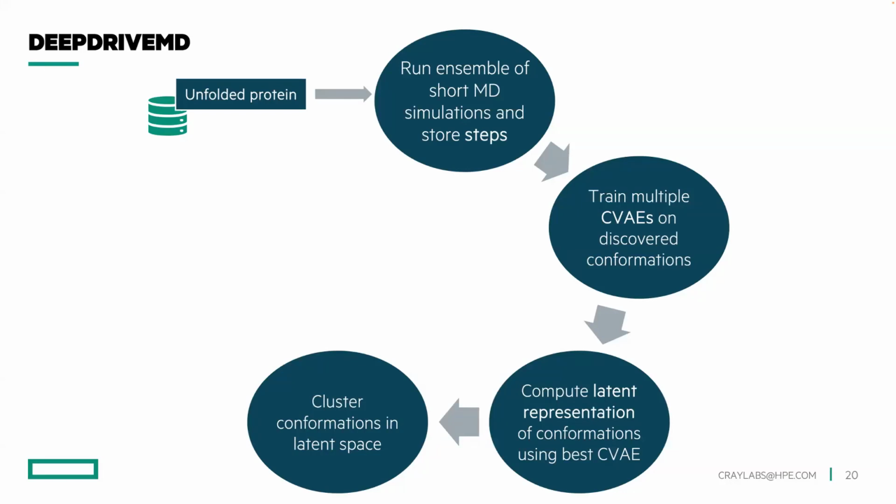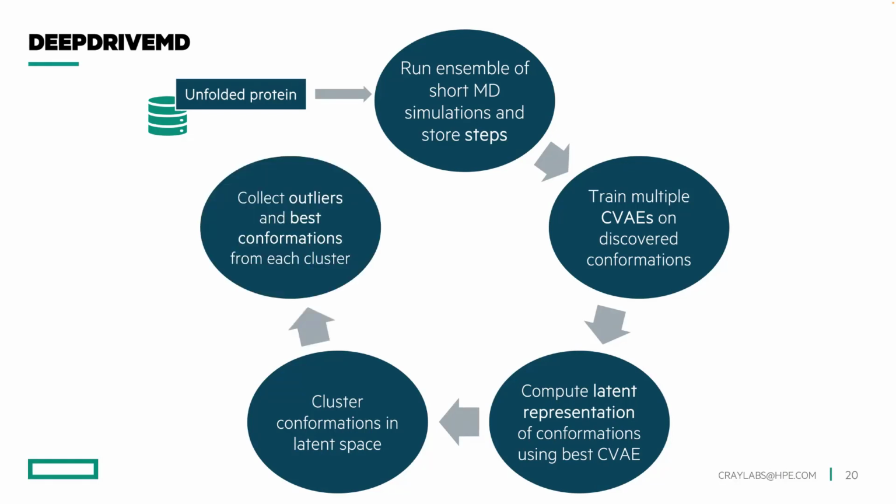And once we have the clusters, we can say, oh, this bunch of trajectories all lead to the same best candidate. Let's just pick that one as one possible candidate. Then we find another cluster, we find the best candidate there, and then we find outliers, of course. And once we have all the new best candidates for our simulation, we re-trigger the molecular dynamics simulation.